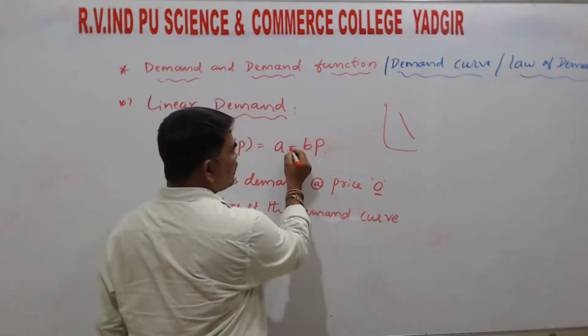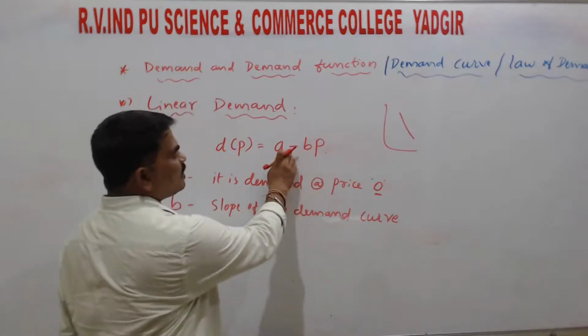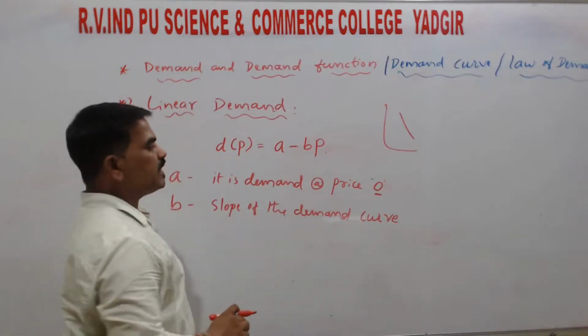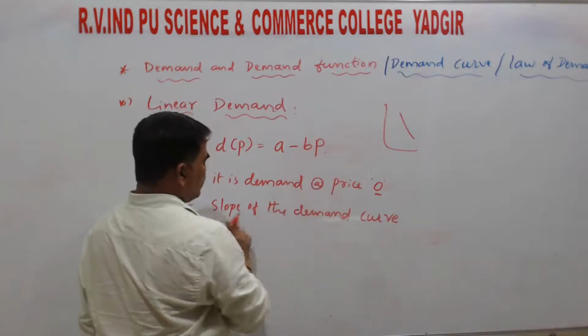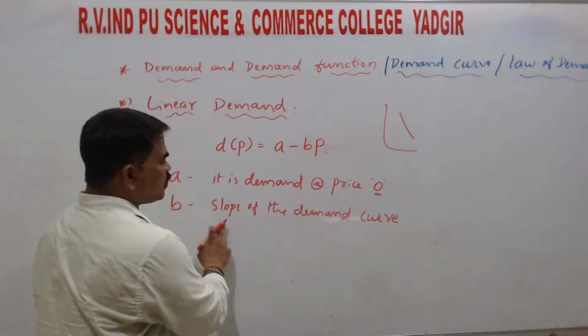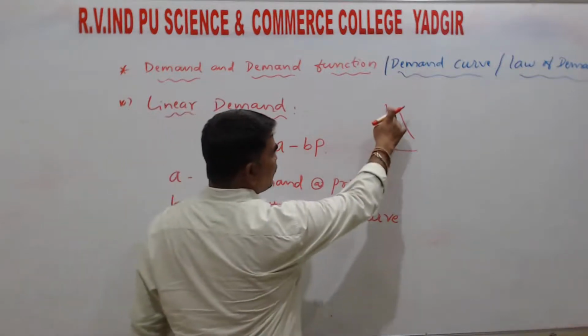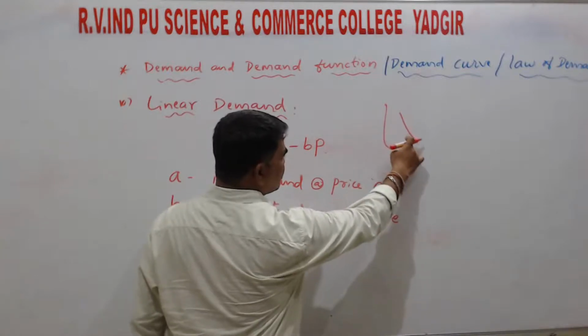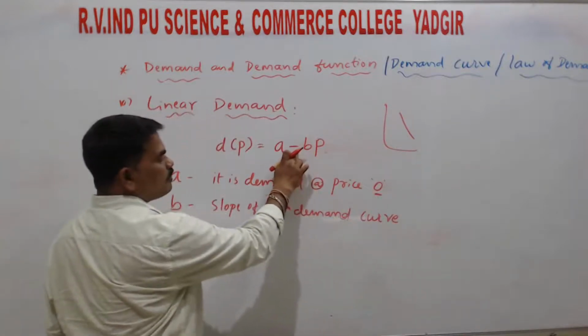That is why we have taken minus here. The slope is negative, that's why we have taken minus B.